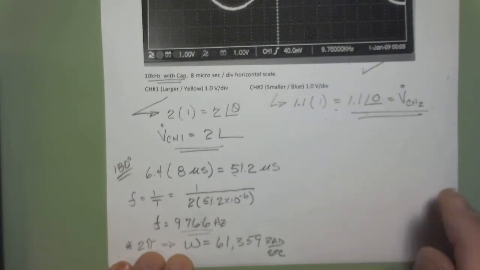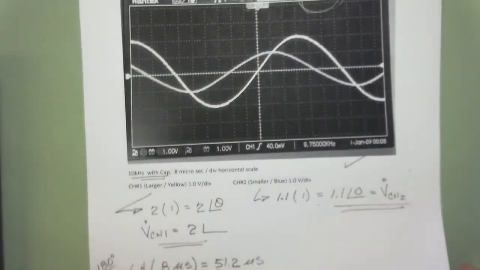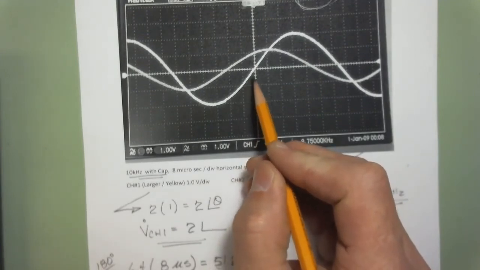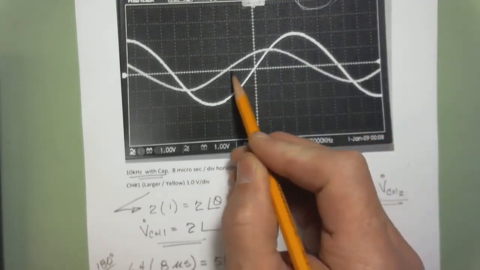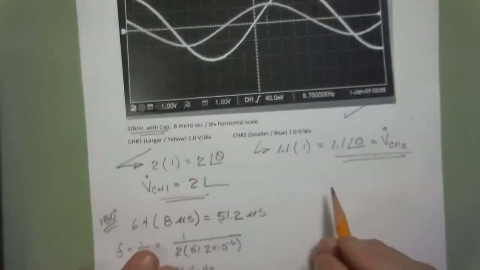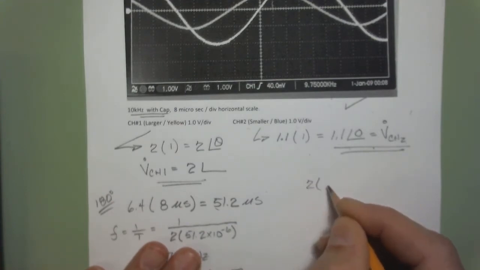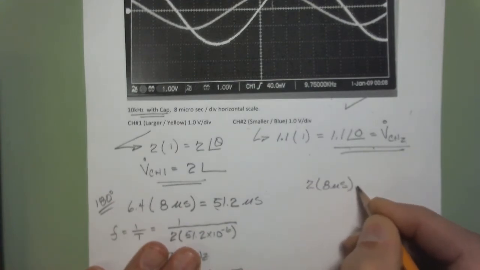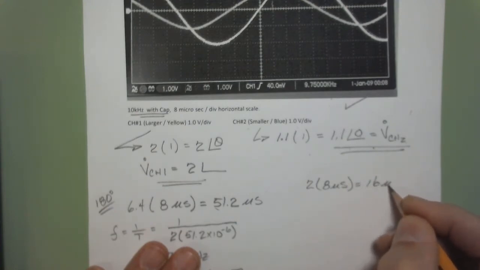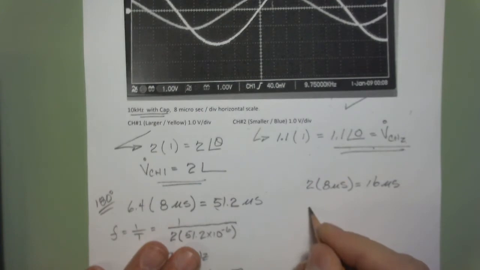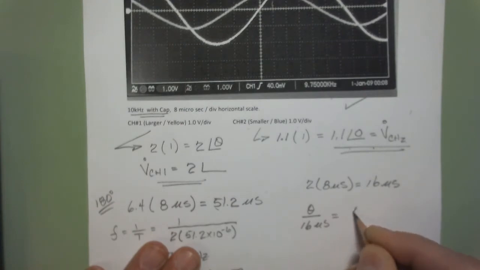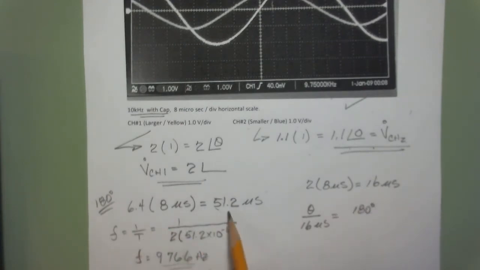So now I can look at my shift in here. And when I go to look at the shift, it looks like I've got about 2 divisions. I mean, if you measure from there to there, you measure from there to there, you measure from there to there, you've got about 2 divisions. So I'm going to say that that is 2 times 8 microseconds, which gives me, of course, 16 microseconds. So I can say then by ratio and proportion that theta is to 16 microseconds as 180 degrees was to 51.2 microseconds.